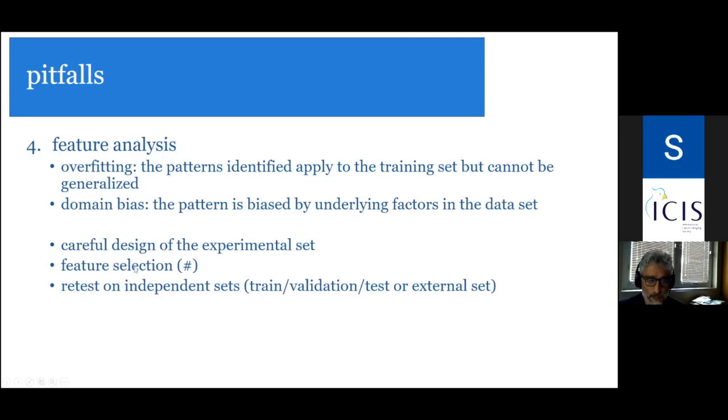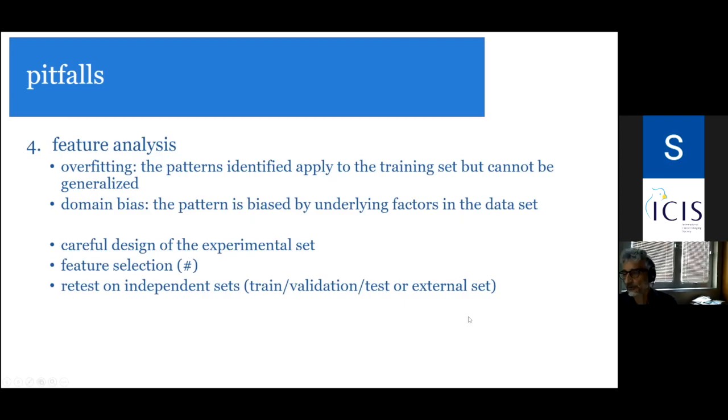The number of features selected for the radiomic analysis should be proportional to the number of the series you are working on. And it is absolutely essential to have a retest of the data that you obtained. The best solution would be to test your results on an external set.